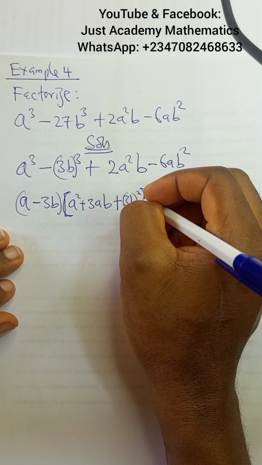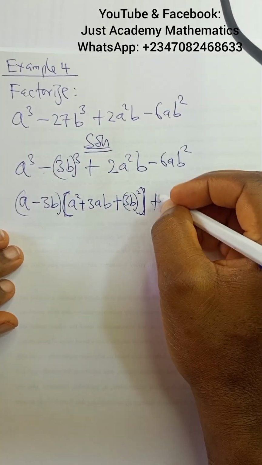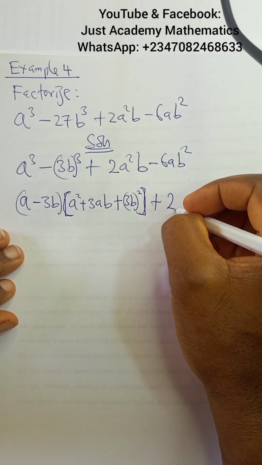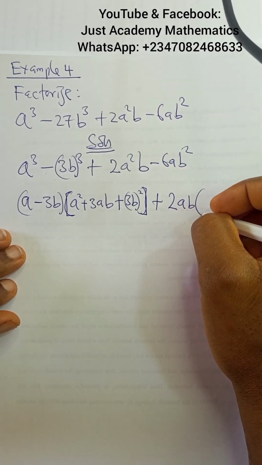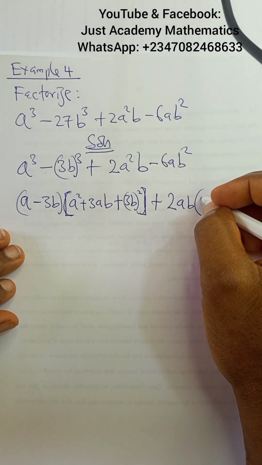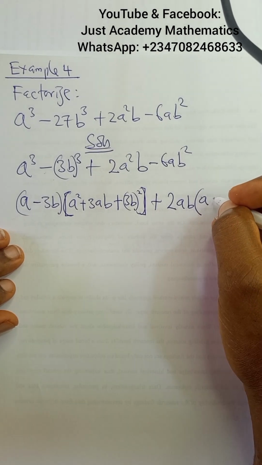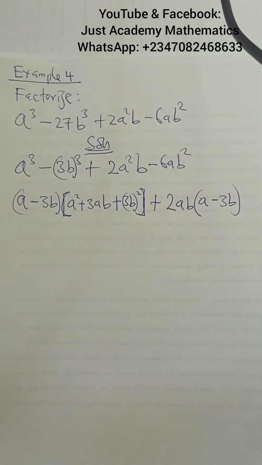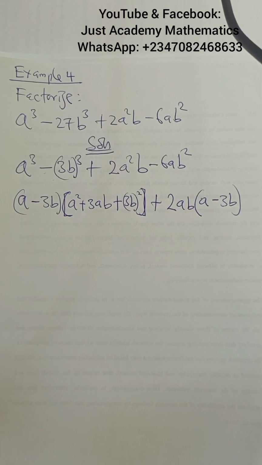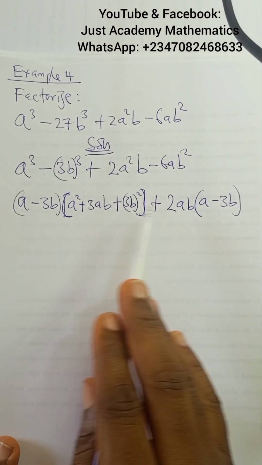That is the identity of this. Then plus this one, what is common? 2ab. What will remain? It will remain a − 3b. Can you see that now? This one is working because these two have something in common.